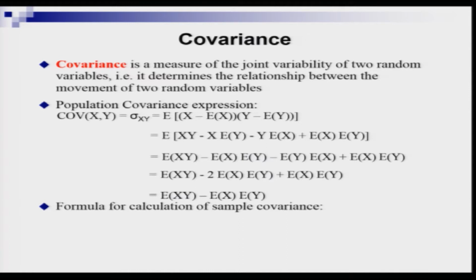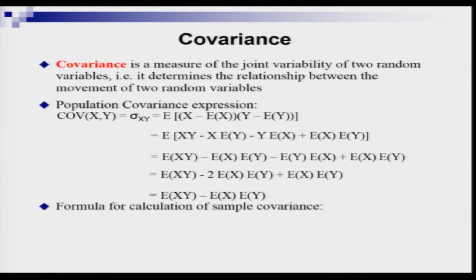Now I am going to show you the mathematical or statistical expression for the covariance concept. It is given by this symbol sigma x y. Otherwise it is also called cov x y in textbooks, and this is basically a random variable concept. Here you have two random variables x and y. First you have to subtract the mean of random variable x from the values of the variable x, and then you also have to subtract the expected value or the mean value of y from the random variable y.